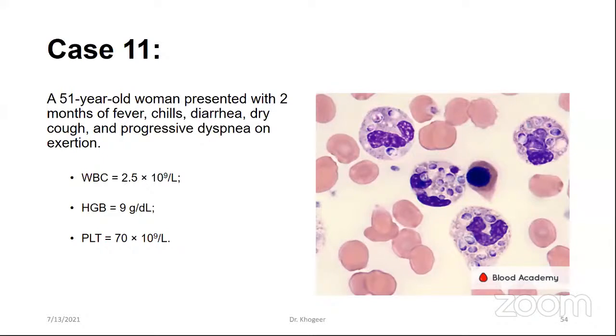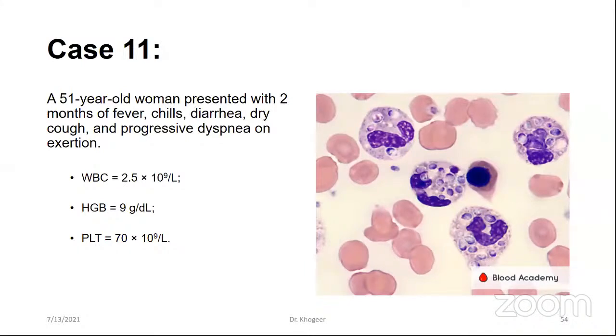But if you are suspicious and there is a clinical history of infection, especially parasites, then you have to go to the tail of the slide, and even the head of the slide, just to pick up these parasites, because the parasite is a heavy organism.